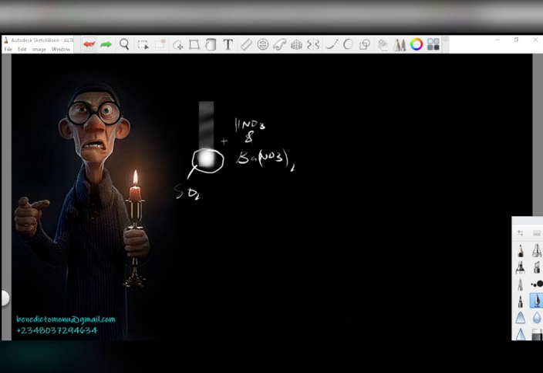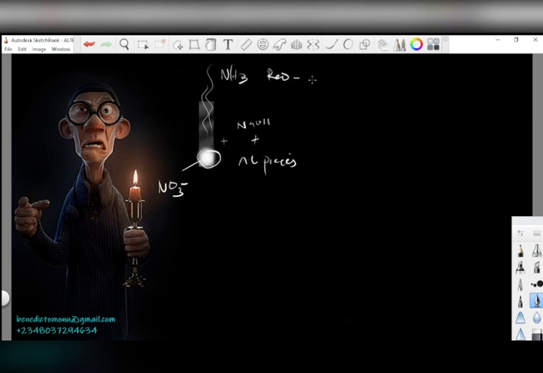Now, what if I have a situation where I'm not adding nitric acid, but the question talks about adding sodium hydroxide followed by aluminum pieces? Then this sample must contain the nitrate ion, because ammonia is made, and this ammonia turns damp red litmus paper to blue.